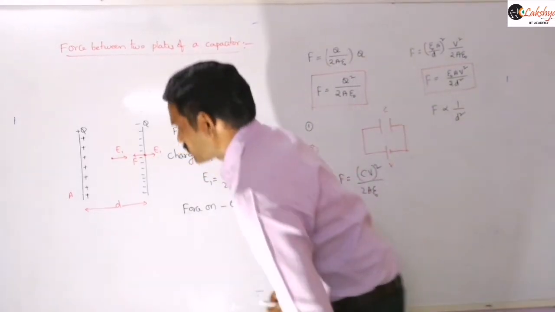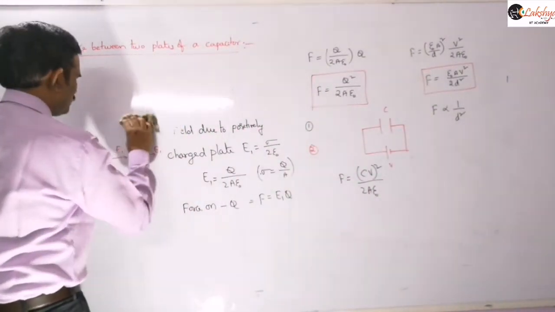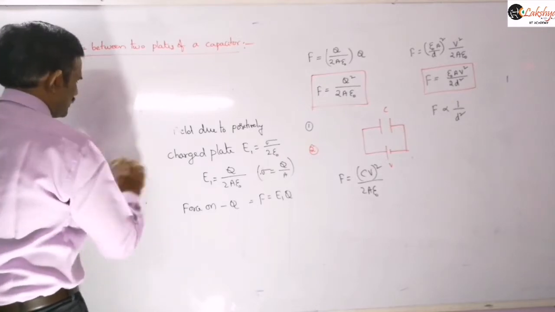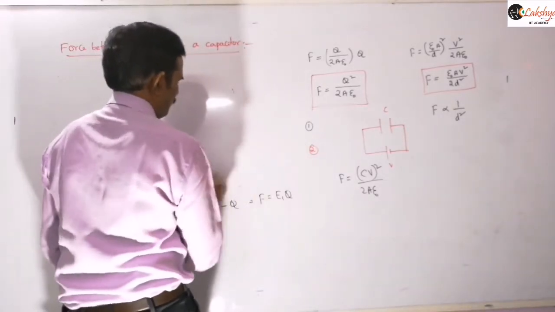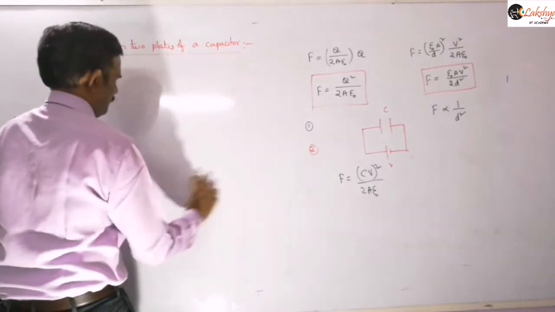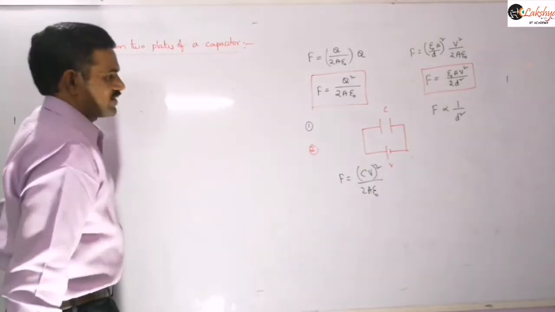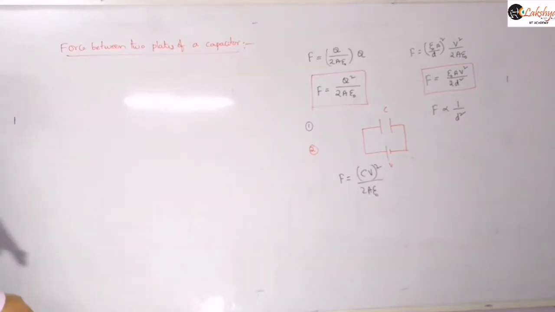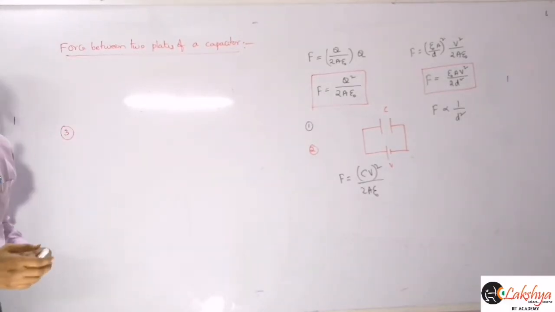And in this only, I can mention that they will ask about the work done relation here. So write that as the next point. If you are increasing the separation, the amount of work done we need to write.